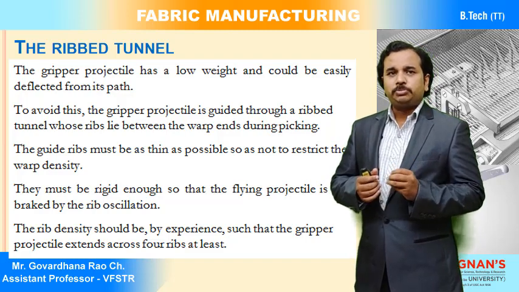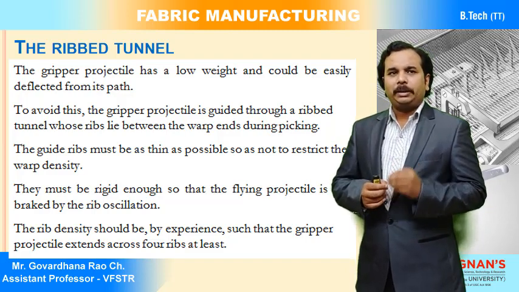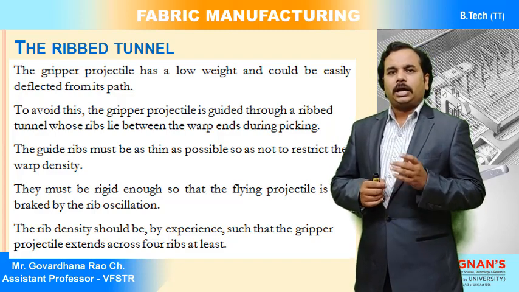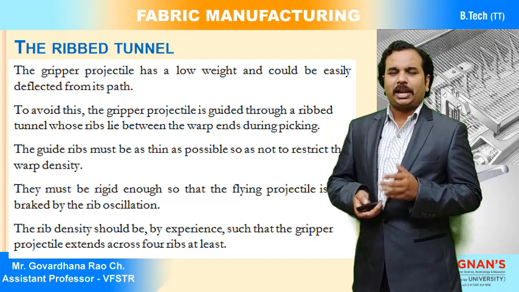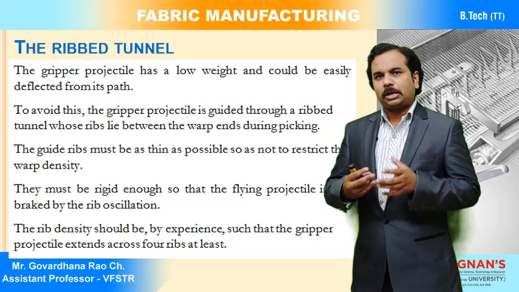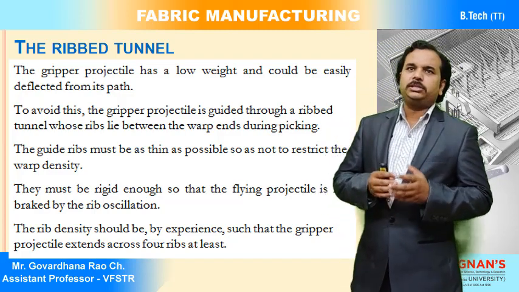They must be rigid enough so that the flying projectile is not braked by the rib oscillations. The rib density should be, by experience, such that the gripper projectile extends across at least 4 ribs, nothing but the minimum support to the projectile is 4 ribs.